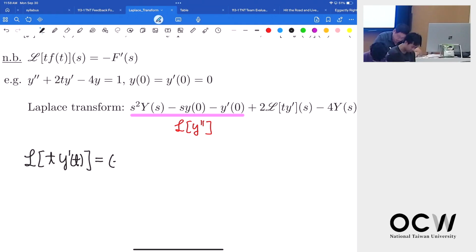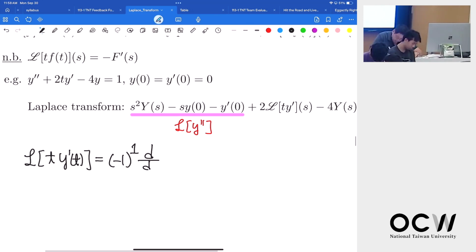That is minus 1 to the, I only have 1 t, so the exponent is 1, d over ds of the Laplace transform of y prime.